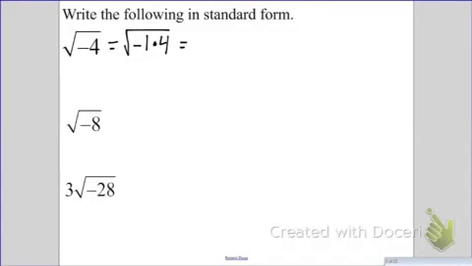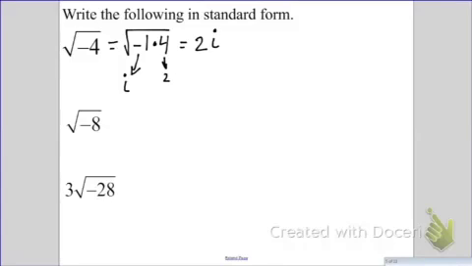The square root of 4 is 2, and the negative 1 is what's going to give me the i. So the answer is 2i.